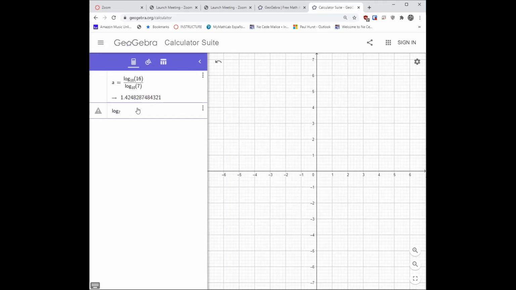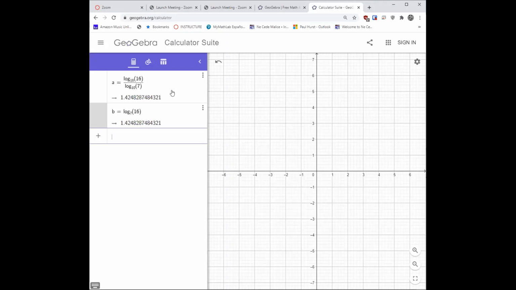That puts the 7 a little bit lower, and then you come back out using the right arrow key, and then you put a 16 inside. That just does it directly: 1.425 directly.